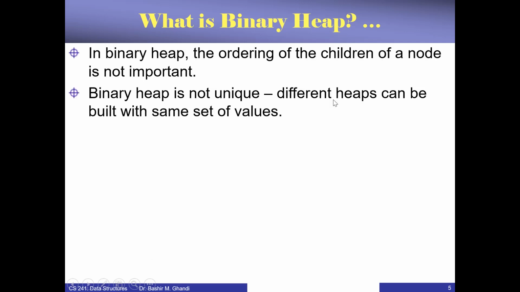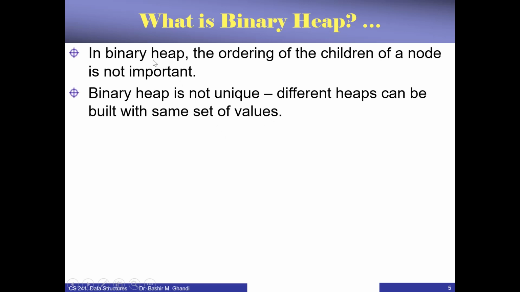So that is point number 1. Point number 2 is binary heap is generally not unique, actually for the same reason that we just mentioned in point number 1 above. Meaning if you have the same set of values, you can generate different heaps with the same set of values.